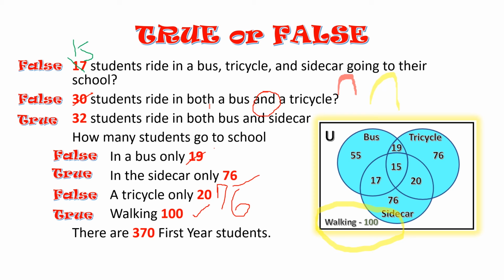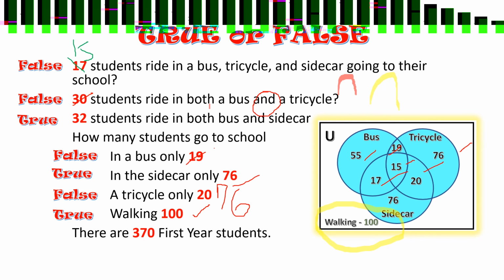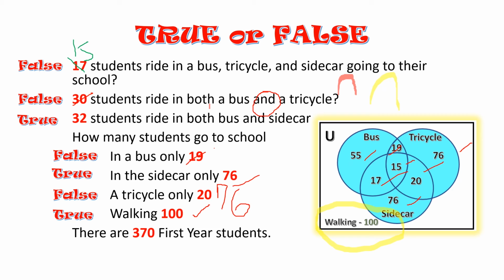Then, lastly, there are 370 first-year students in Bagbag National High School. So, how do we find out if the statement is true or false? So, simply, we're going to get the total. So, we just add them all, right? 55 plus 19 plus 15, you can add now to verify. 17, 20, 76, 76, and 100.